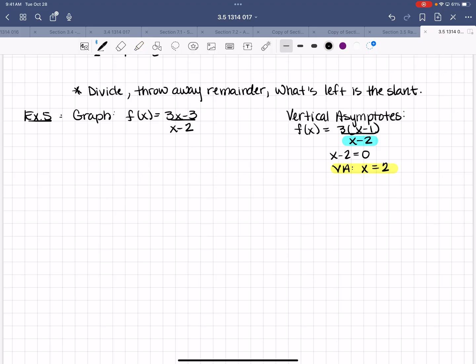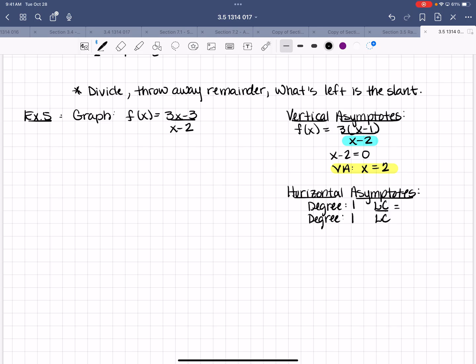Let's talk about a horizontal asymptote, since we talked about those today. Okay, let's see if we have any of those. So when I deal with my horizontal asymptotes, I ask you for the degree of the numerator, and you tell me that is 1. Then I ask you for the degree of the denominator, and you tell me that is also 1. Since they're equal, that means I need to put a leading coefficient over a leading coefficient.